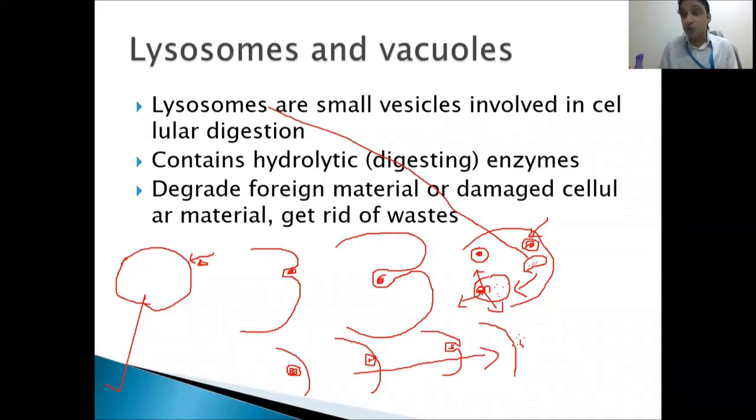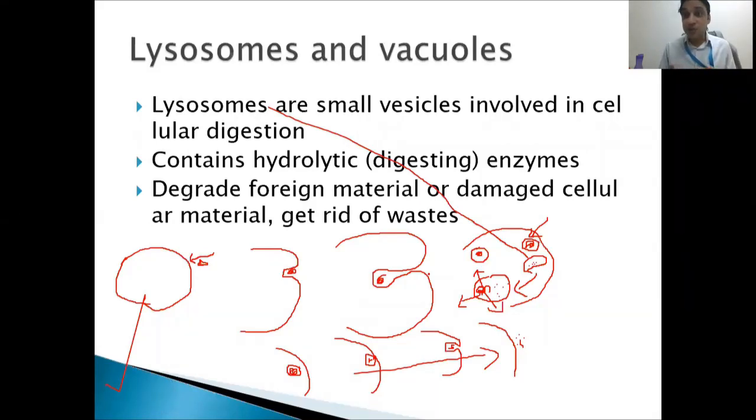But we are studying lysosomes, so you can guess the job of the lysosome is to provide hydrolytic enzymes which can break down those materials, and then we can use that material for cellular functions. If that material is carbohydrate, it will be converted into glucose. That glucose will be used in cellular respiration for energy production in the mitochondria.